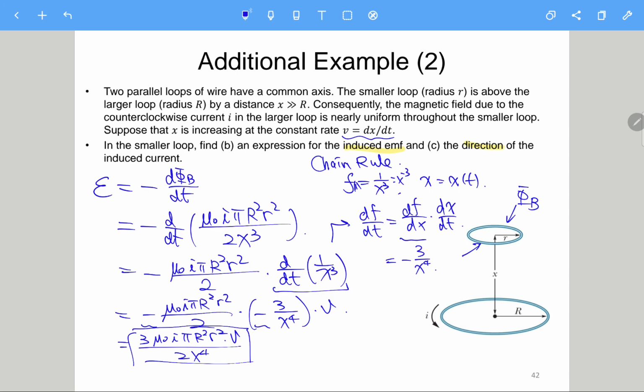We can determine the direction of the EMF in two ways, and they will give the same result. The first way is to use the right hand rule. We have the current to be counterclockwise.